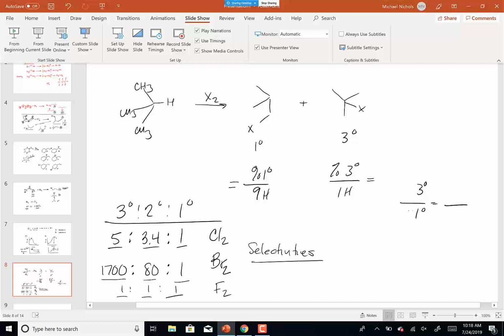And if I go greater than 300 degrees Celsius, regardless of whether it's chlorination or bromination, they're 1 to 1 to 1. So I form all the carbocations at the same rate. But I'm forming the same radicals. So why am I forming them at a different rate?